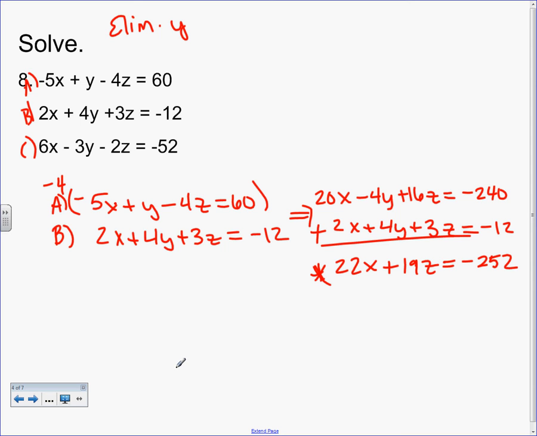So what do you guys want to do after that? We did A and B. Do you want B and C or A and C? I would do A and C. Okay? I'm going to make you get the star on your own. Do A and C and see if you can get the star.